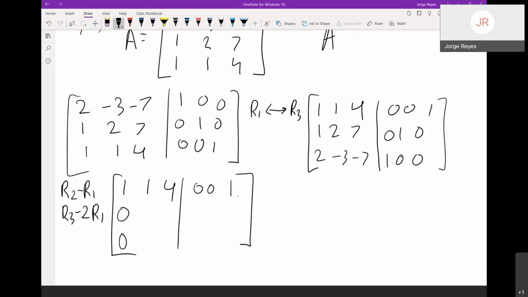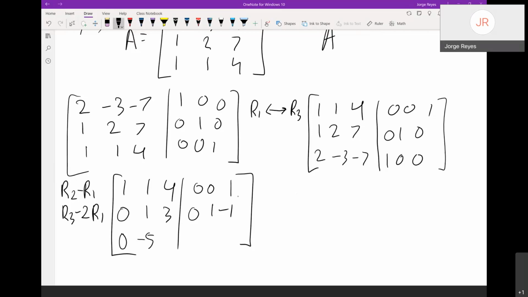These are zeros. Okay, so then I'm just subtracting. So this is going to be 1, this is going to be 3, and this is going to be -1. 1, -1, okay. Now I'm subtracting 2, so this is going to be -5. This is going to be -7 minus 8, which is -17?